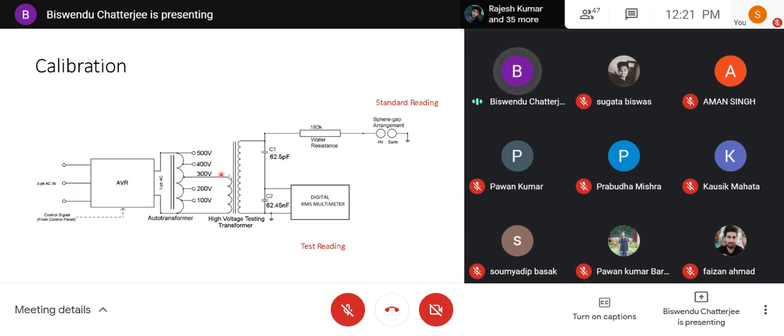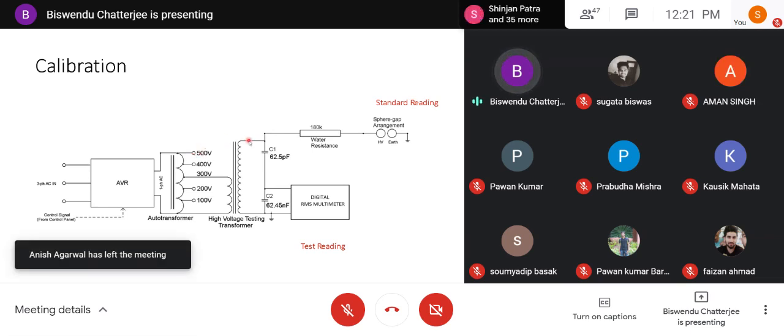We are using 300 volt tap because the high voltage testing transformer is 250 kilovolt by 500 volt. So what happens actually, if you use all the 500 volt, you get 250 kilovolt here.